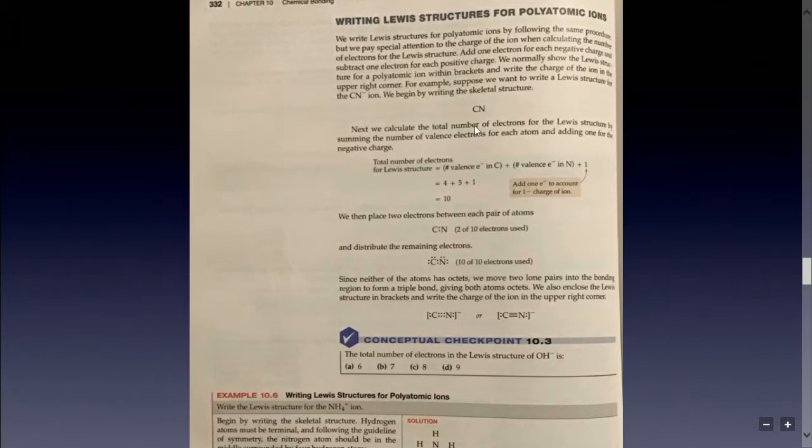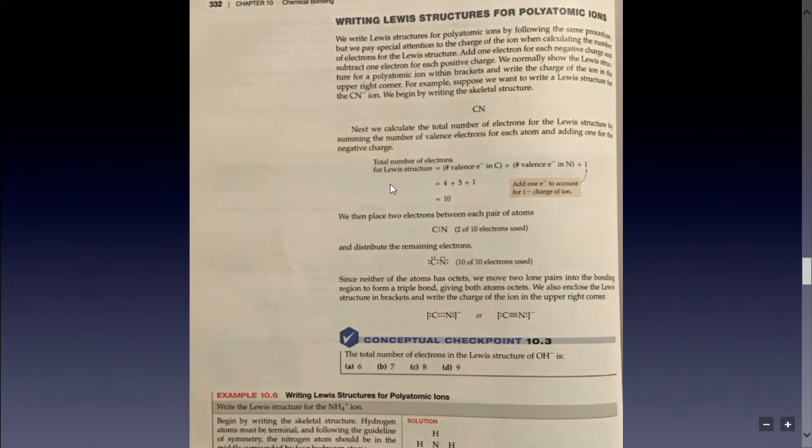So if we look at a simple one here, I think this is a cyanide. It's carbon and nitrogen, but yet it acts as a polyatomic ion with a -1 charge. So you could have sodium cyanide, for example, because sodium's +1, cyanide's -1, so that could be an ionic compound. But if you just want to look at this polyatomic ion, cyanide, here's what you'd have to do.